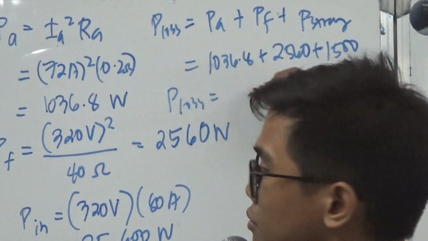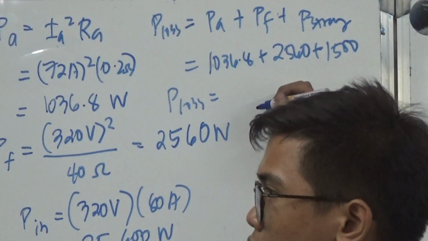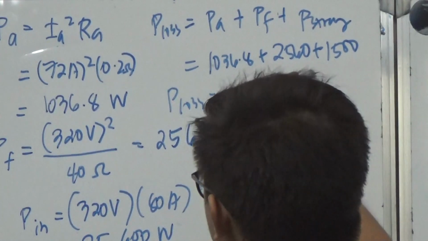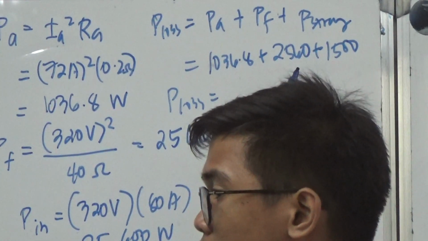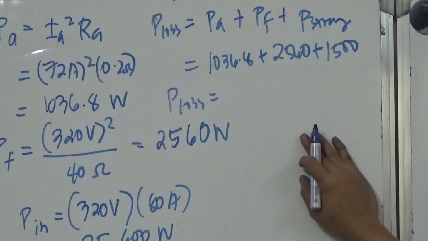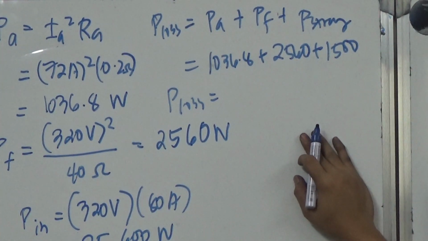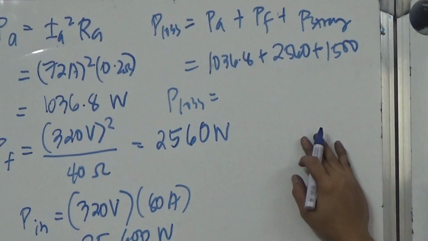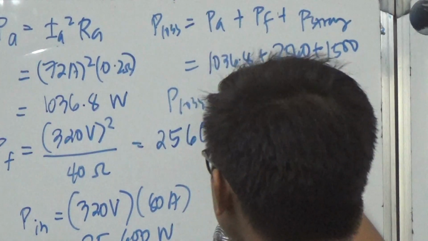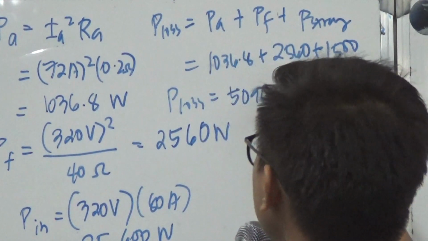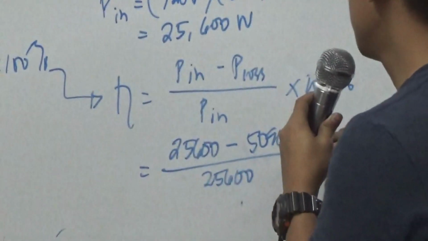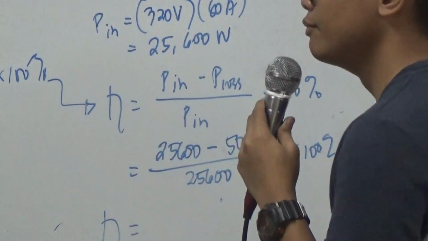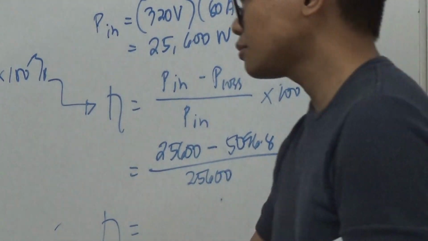P loss is equals to 5,096.8. So dito 5,096.8 divided by 25,600 times 100%. So letter B, 80.1%.